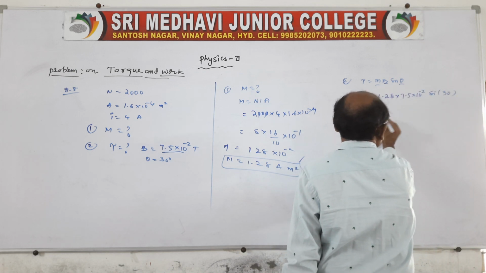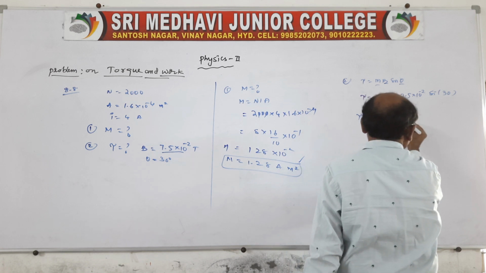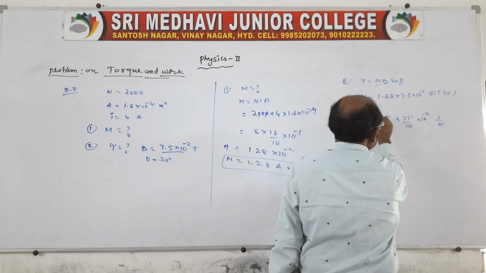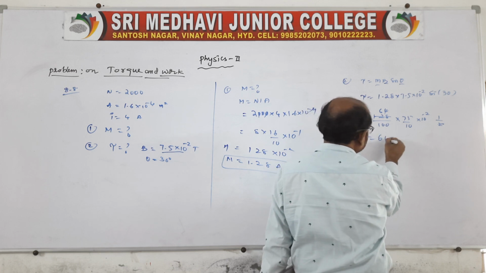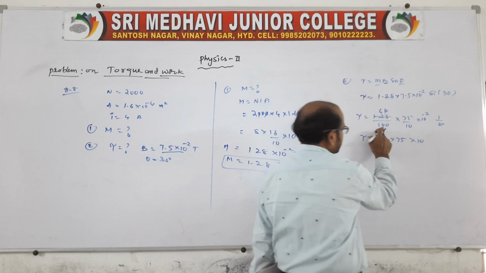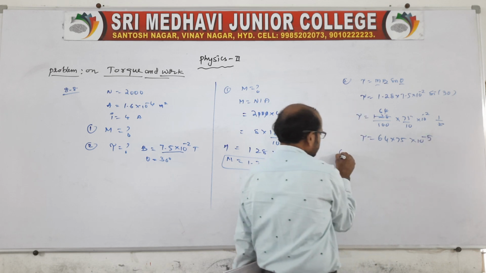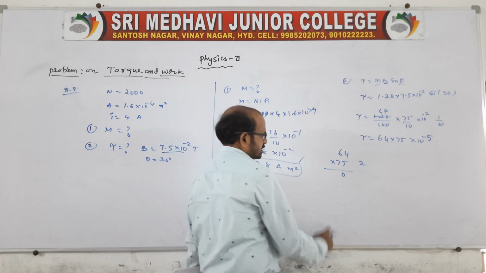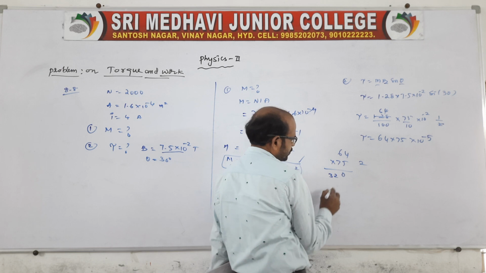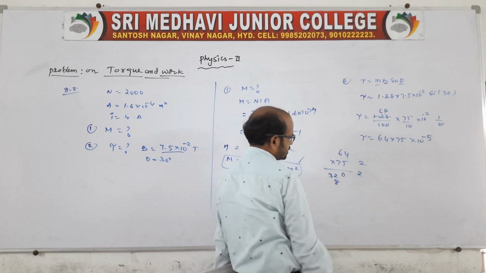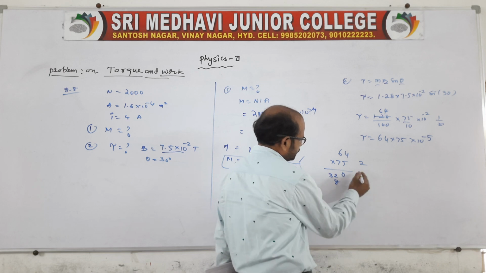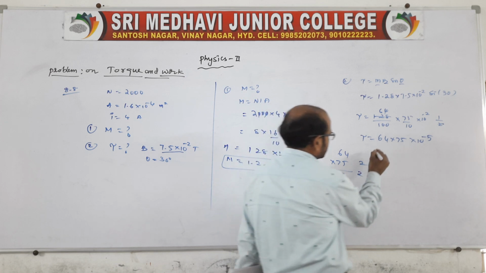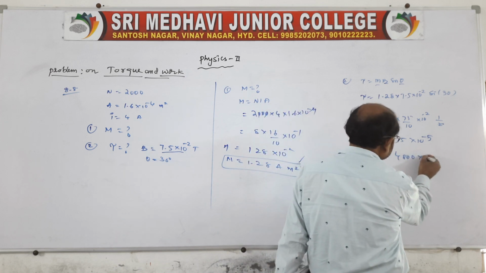Here 128 by 100 into 75 by 10 into 10 power minus 2 sin 30. So 64 into 75 into 10 power minus 5. 64 into 75 gives 4800 into 10 power minus 5.